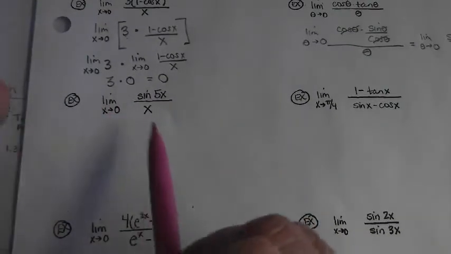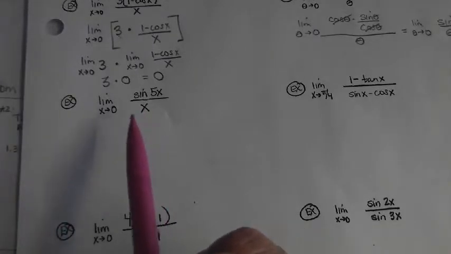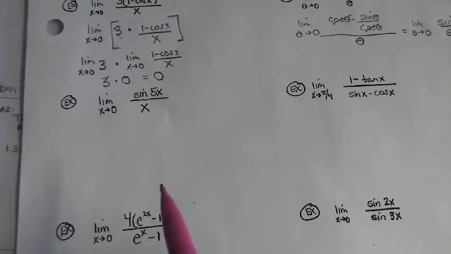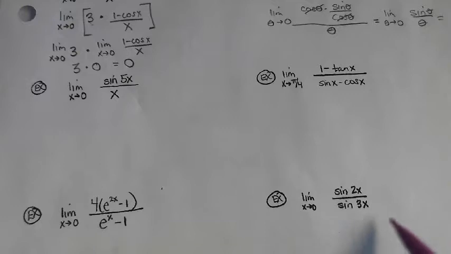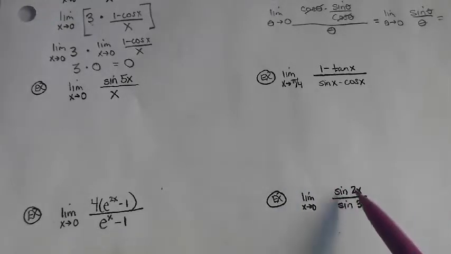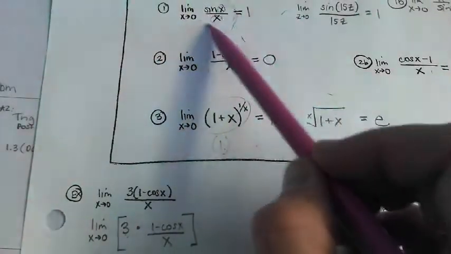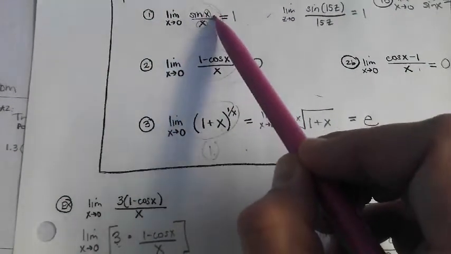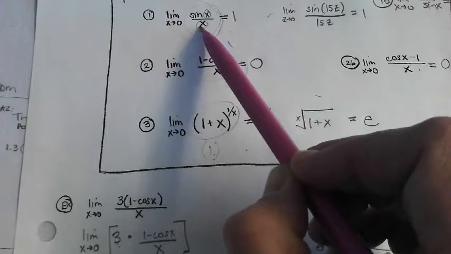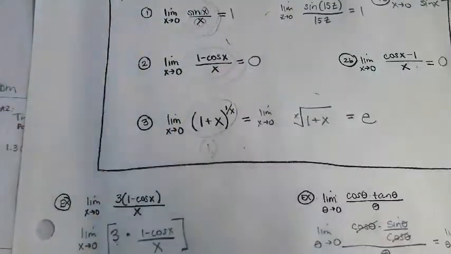On the next exercise, given that we did that homework problem the other day, Jalen obviously already knows that this answer is 5. One of the strategies, though, and you'll see me use it again down here because this one's a little bit different but still has this wrinkle of coefficients in there: in order to use this property verbatim, whatever you're taking the sine of has to be the same thing that's on the denominator.